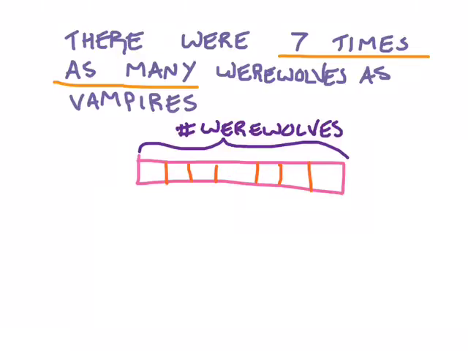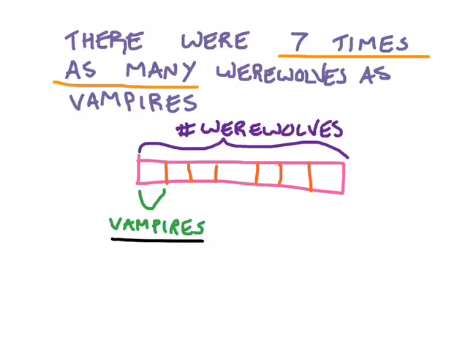Now, every one of those chunks is going to represent the number of vampires, because again, there's 7 times as many werewolves as vampires. So here's the number of vampires. I could label every chunk that way as vampires, but I don't really have to. I know that I'm intending them all to be equal. So once again, there's 2 ways of looking at this relationship.